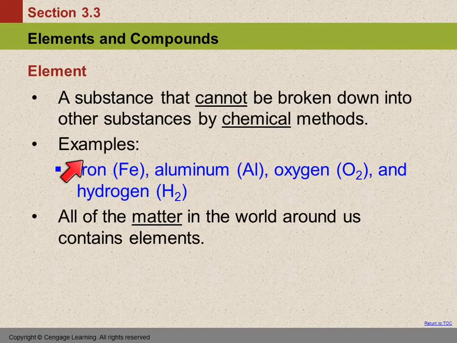Here, we're looking at the elements, iron, aluminum, oxygen. Okay, this says O2. There's only one kind of capital letter there. That's an element. Hydrogen is an element. There's only one kind of atom in there.